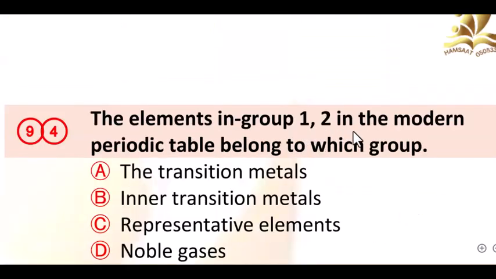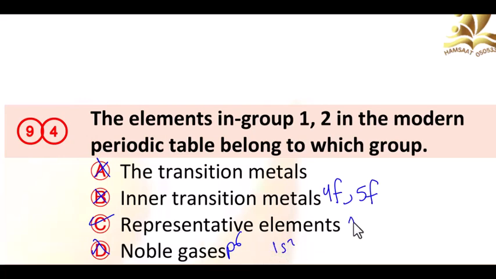The elements in group 1 and 2 in the modern periodic table belong to which group? Transition metal, no. Inner transition metal, no. Inner transition metals are the 4f and 5f, lanthanides and actinides. Representative metal, yes. Noble gas, no, it's p6, except helium, which is 1s2.